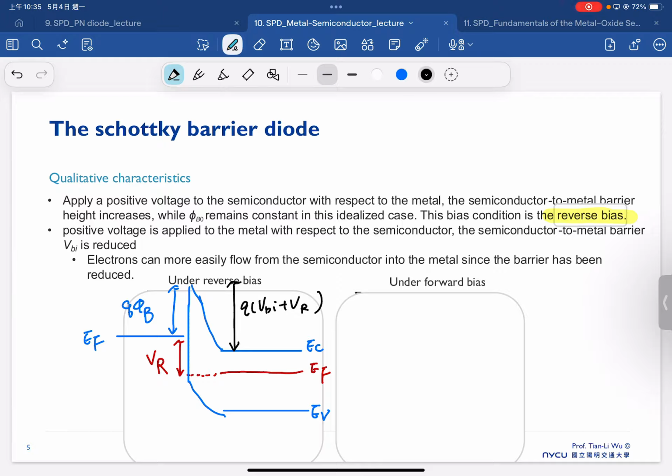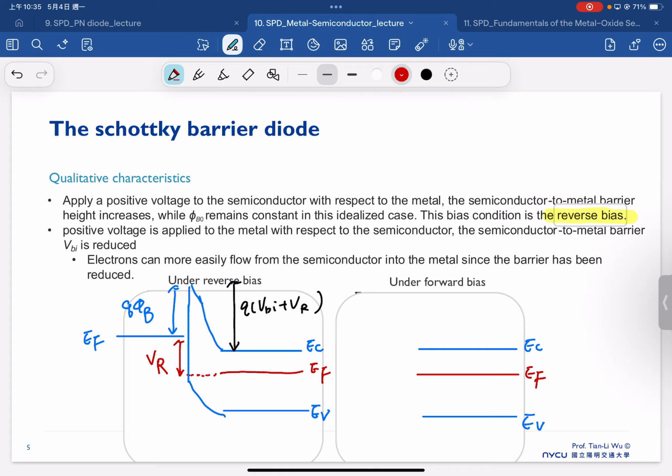And similarly, we can quickly draw the band diagram under the forward bias. Under the forward bias, we will start to pull down the Fermi energy here.